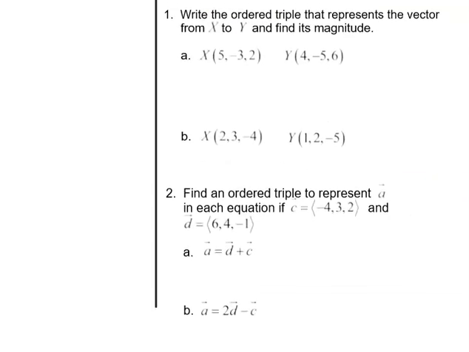This should go a little quicker this time because I think we know what we're doing. So here it says write the ordered triple and find its magnitude. Okay, so it is x2, y2, z2. This is the terminal point.